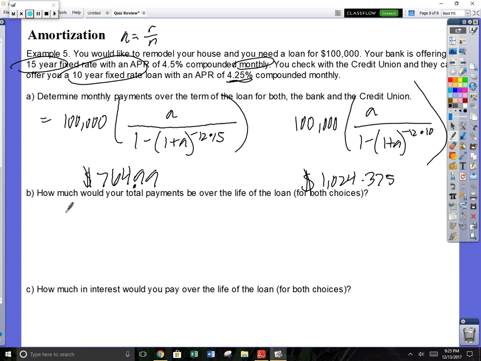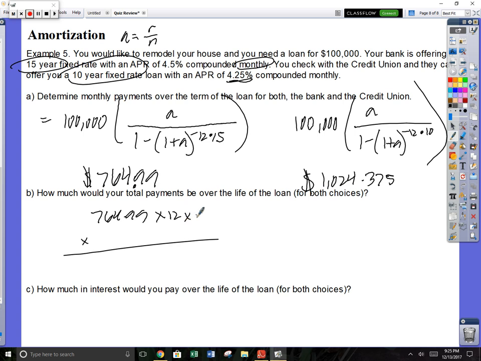Okay, B is a good question. How much would your total payments be over the life of the loan? So that's actually easy. We don't need any spreadsheet. You just take your monthly payment, which is $764.99, and you are going to times that by 12 months every month.